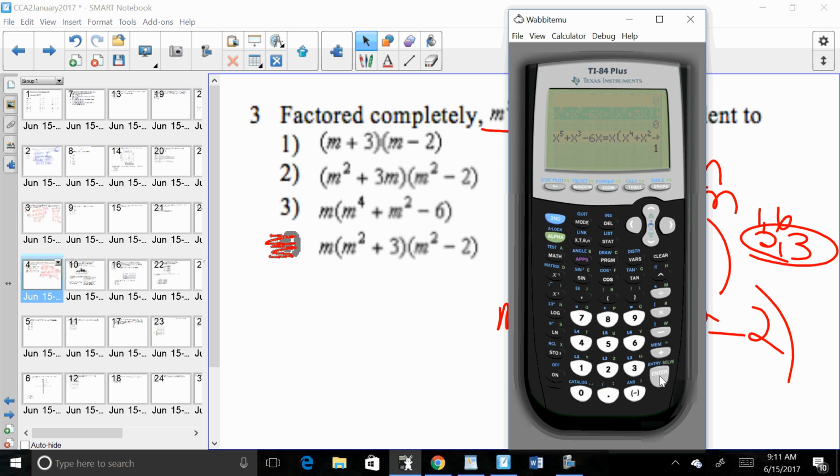Now I have to check all 4 choices because it is possible that I can get multiple 1s. So we'll deal with that in a moment. So here I have x, parentheses x squared plus 3, parentheses x squared minus 2.